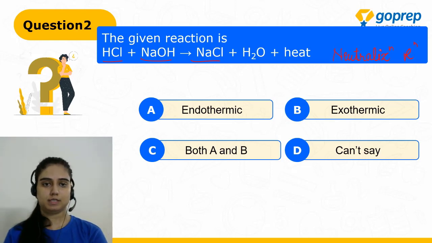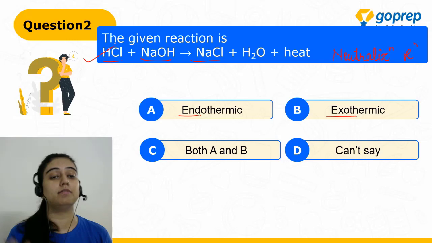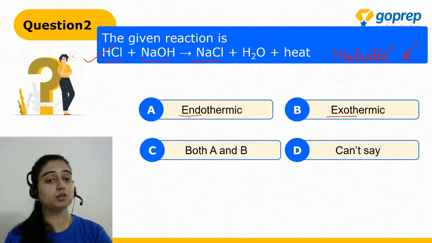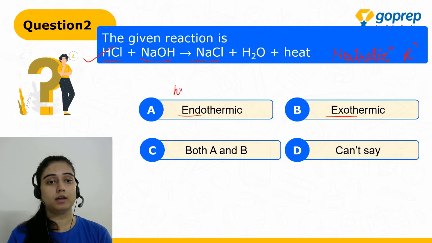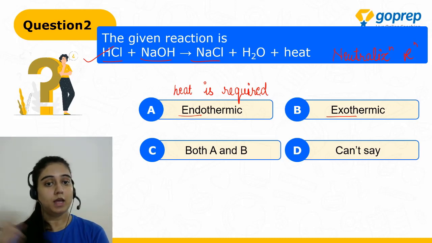Now what kind of process is this? We have two processes in front of us, basically endothermic and exothermic. We have to find out which process the given reaction is following. Okay. Now see, endothermic processes are those where heat is required. If you want to perform a reaction and you have to give heat to the process to make it happen, that means it is an endothermic process.